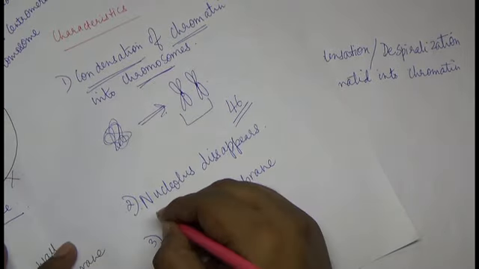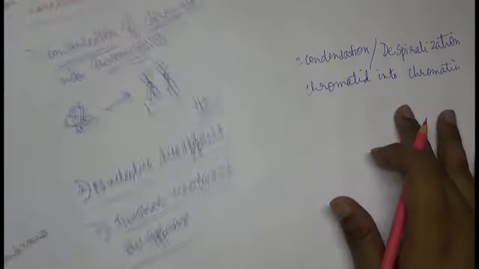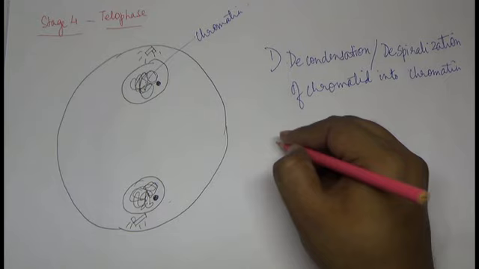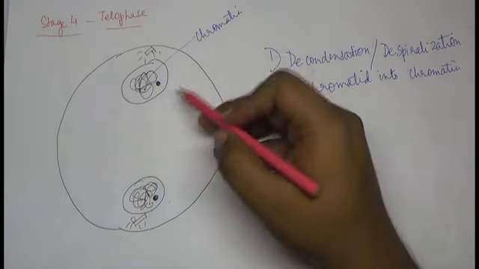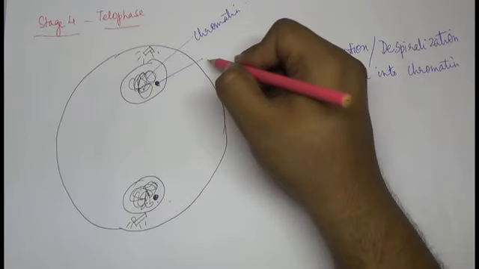Prophase का next क्या था? न्यूक्लियोलस disappears, न्यूक्लियर मेम्ब्रेन disappears, है ना. तो इसका भी exactly opposite यहाँ पे होगा. क्या होगा? Number 2, as we can see, the nucleolus reappears. This is the nucleolus.